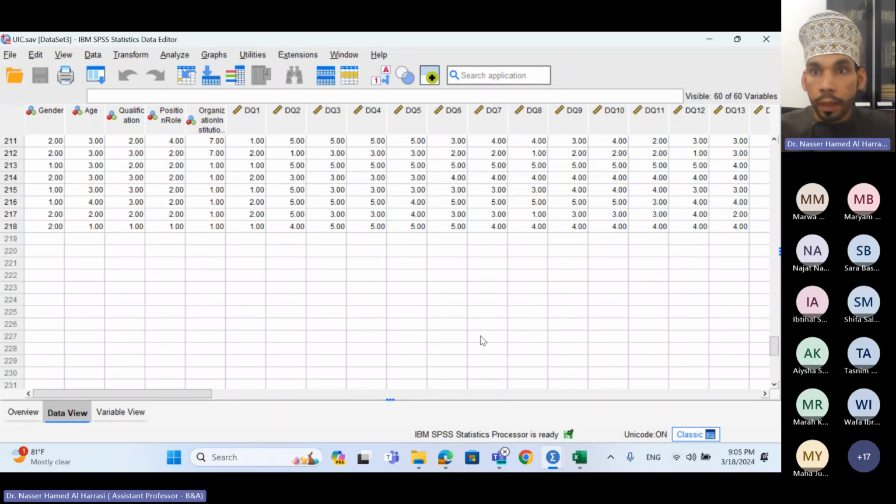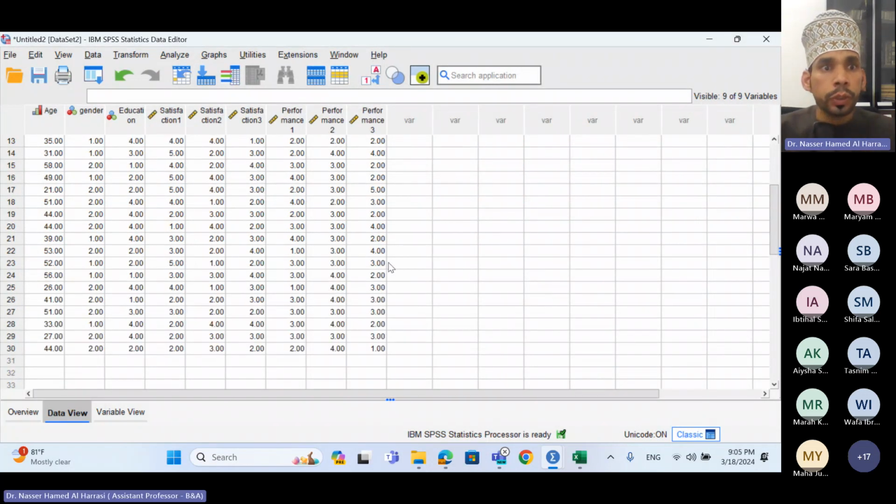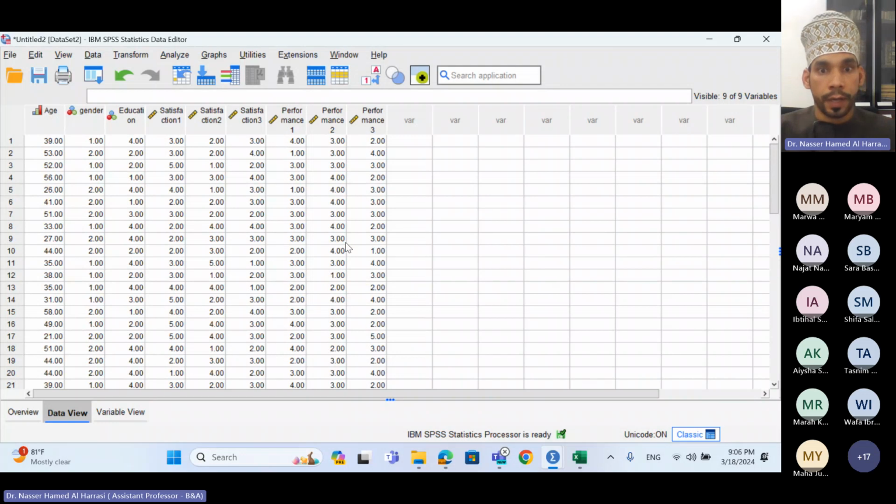Now, if your Cronbach alpha is already more than 0.7 and you would like to start with the other analysis, you have to move on and focus on your objectives. Your objective may say, for example, to measure the relationship between satisfaction and employee performance.